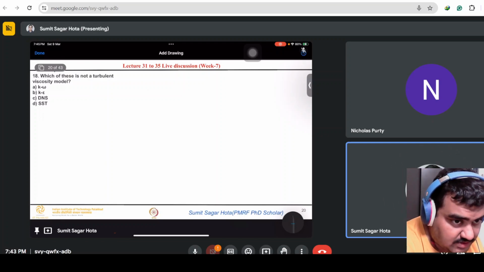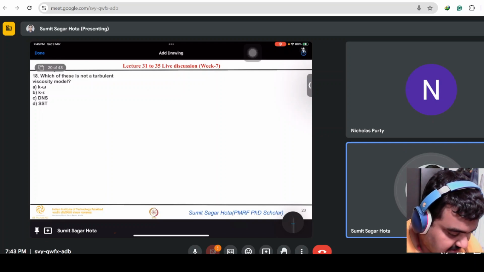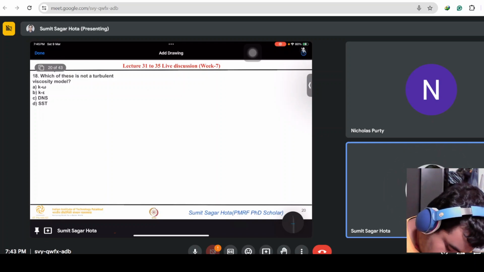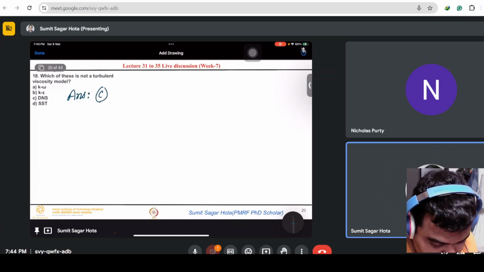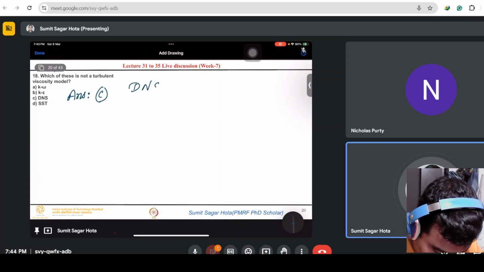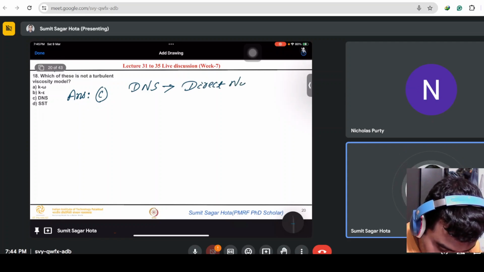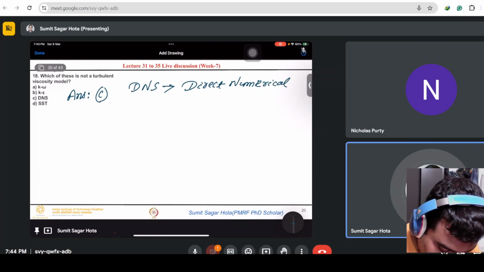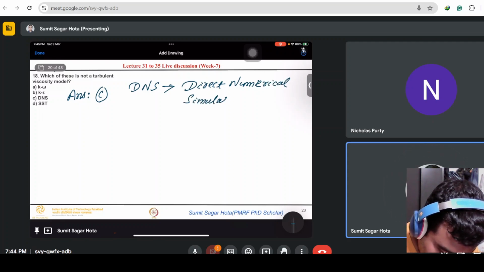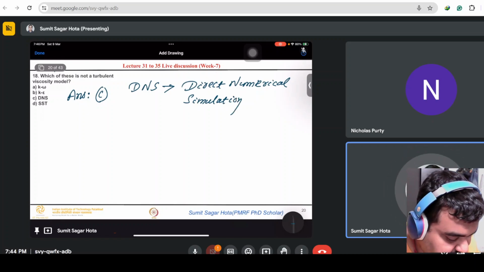So now next one, which is not a turbulent viscosity model? Obviously DNS is not a turbulent viscosity model. DNS, direct numerical simulation. This is a basic model to solve what?